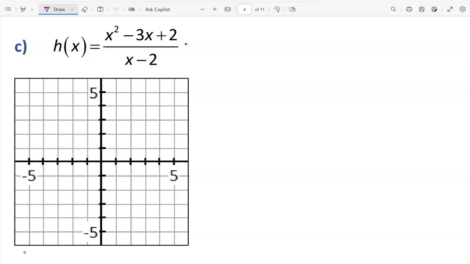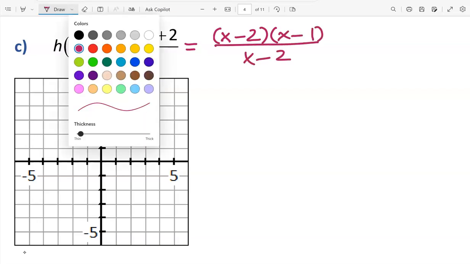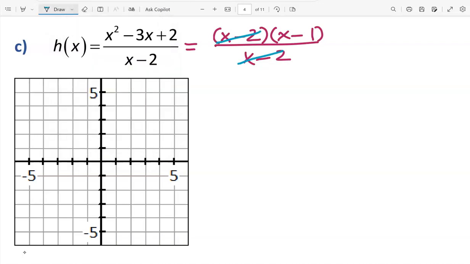In C, we can factor x minus 2 times x minus 1 divided by x minus 2. When we cancel our common factors, this will give us h of x is equal to x minus 1, but we have to now explicitly state that the original denominator could not equal 0.